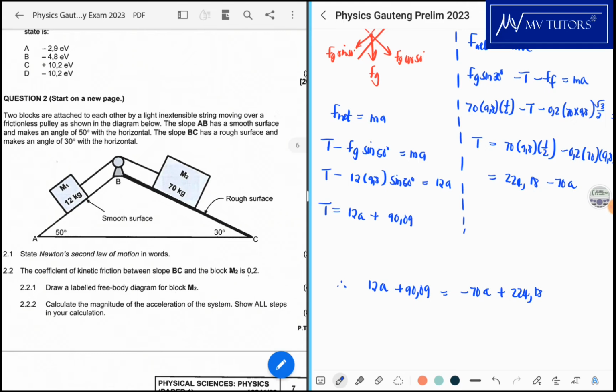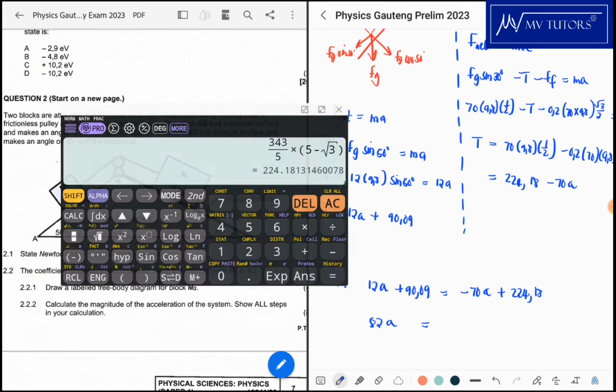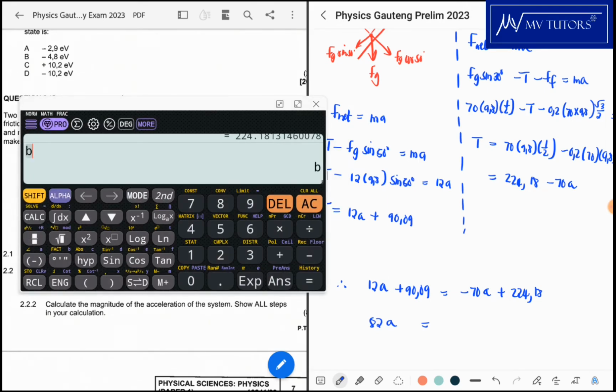If I take the 70 to the other side, 70 plus 12, that is 82A, which is equal to B minus A. So if I take my calculator and I say B minus my A, how do I get the stuff that I stored? Oh, there it is, 134,09. Okay, great.